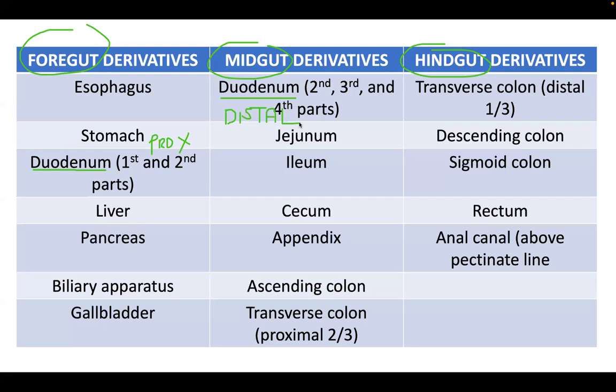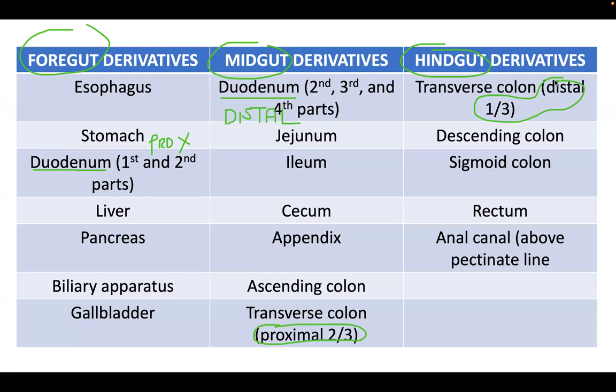And what is the boundary between midgut and hindgut? It's the transverse colon. Proximal 2/3, memorize that for the midgut, and memorize distal 1/3 for the hindgut. Okay, one more time. What should you memorize for foregut? It is the proximal duodenum. There are 2 things to memorize for the midgut because it's right in the middle.